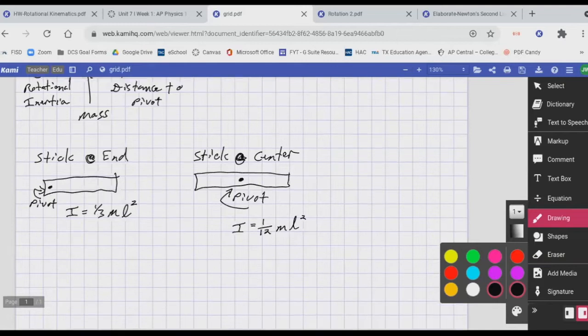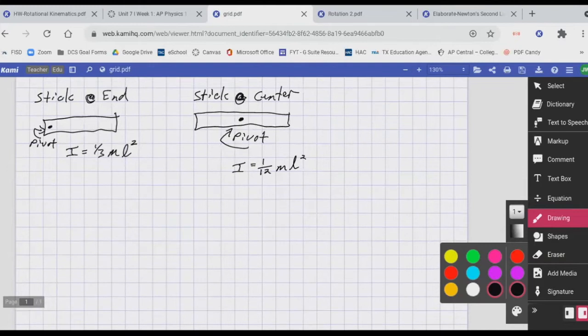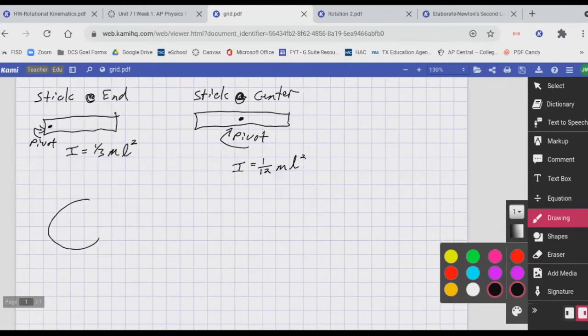So I'm going to scroll this up. And now let's look at a ring. A ring, the mass is on the outside. And let's do a line in here. So the ring, sort of like a donut. It's like my wedding ring. I'm going to hold it up to the camera. All the mass in my wedding ring is on the outside. It's as far from the pivot point as possible. There's no mass near the pivot point.